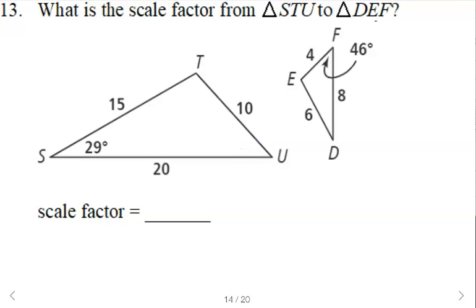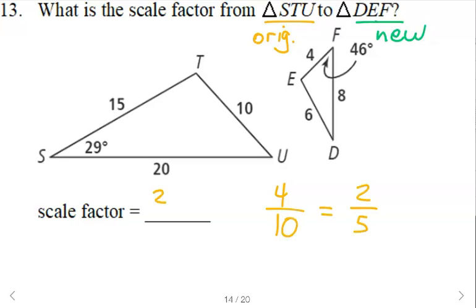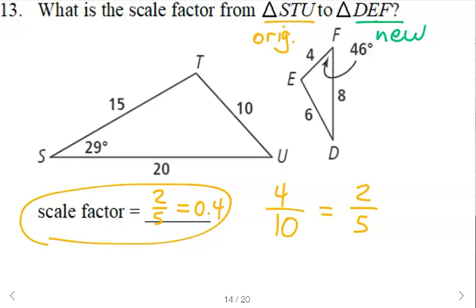So we'll call the one on the right new, one on the left original. All right, so I would probably just take my smallest side on the one on the right, that's 4. Smallest side on the one on the left is 10. And simplify that, divide them both by 2, you get 2/5. Or some of you might write it as 0.4. Either one would be fine as a scale factor.